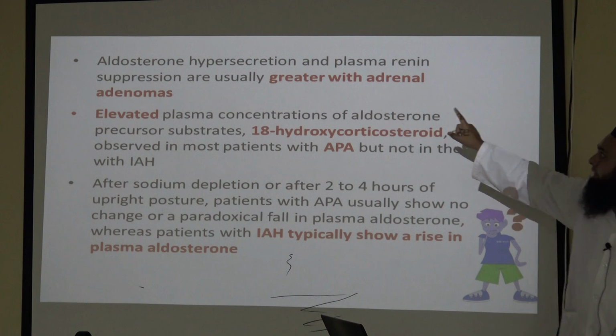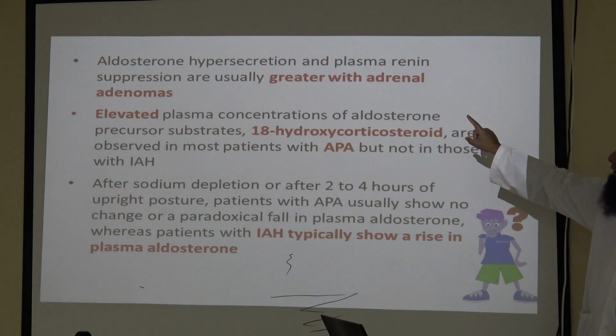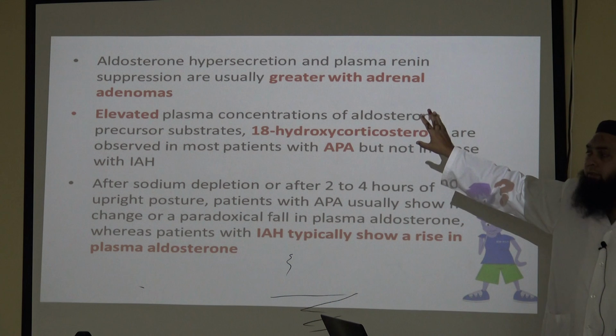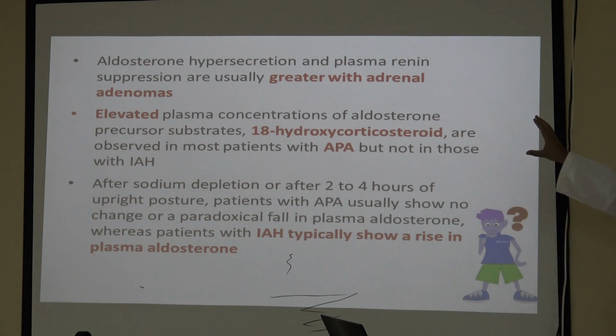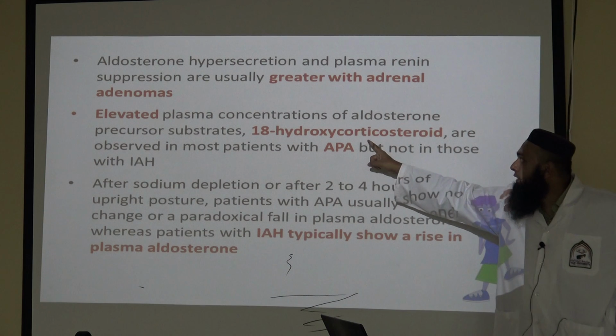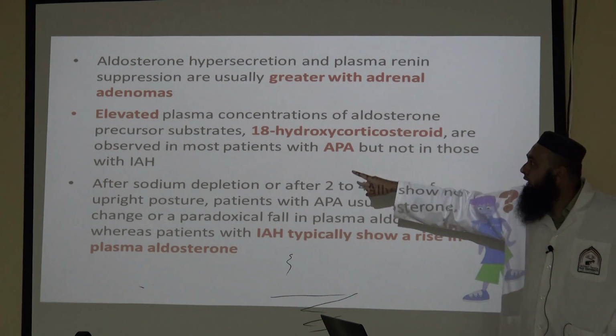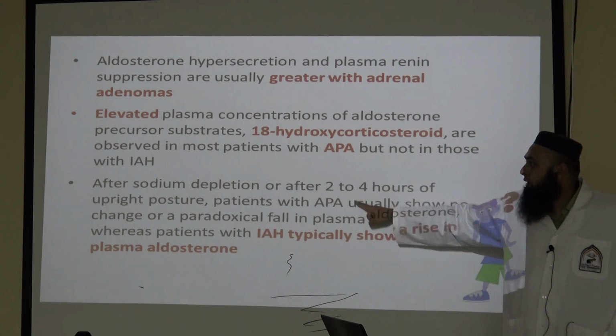Adrenal hypersecretion and plasma renin suppression are usually greater with adrenal adenomas. So this is a key. This is one of the hints that renin suppression and aldosterone hypersecretion is greater in adenomas. 18-hydroxycorticosterone is more in adenomas.